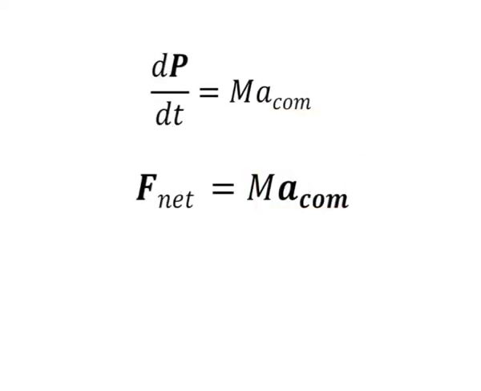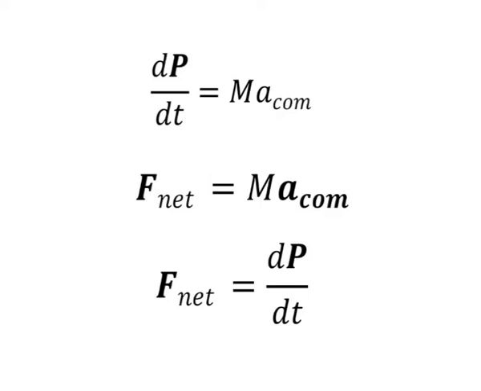Now, compare this equation with the equation of Newton's second law for the motion of the center of mass of a system of particles, F net = M a com. Comparing these equations, we find that F net = dP/dt. Here, F net is the net external force acting on the system.